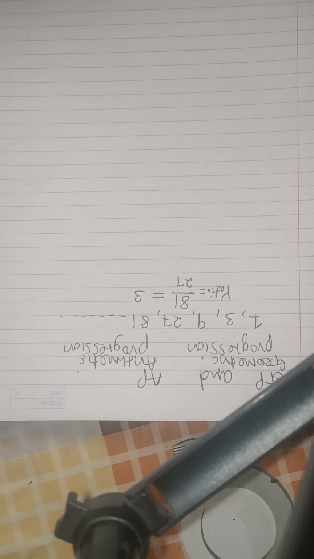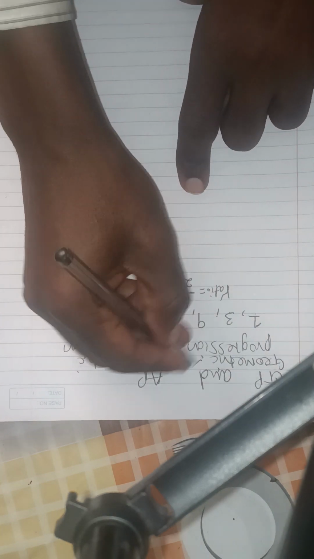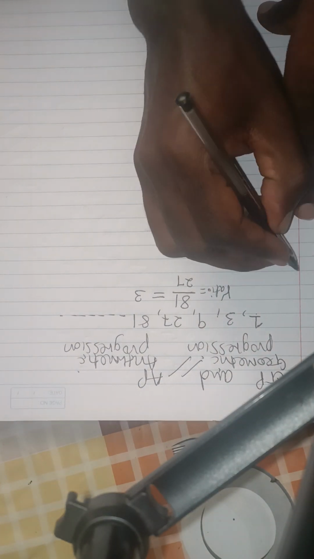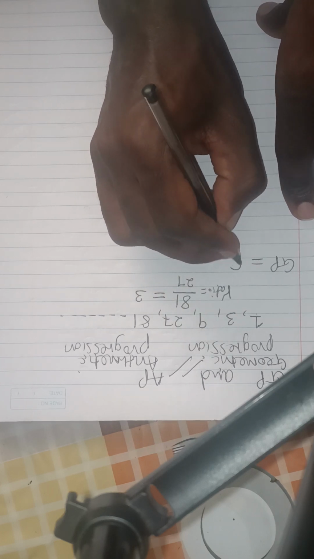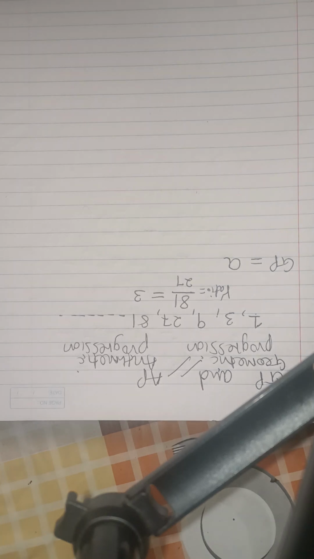So whenever there's a series of numbers in a question, and that series has a relationship between those numbers in terms of a common ratio, then that type of progression is called geometric progression.